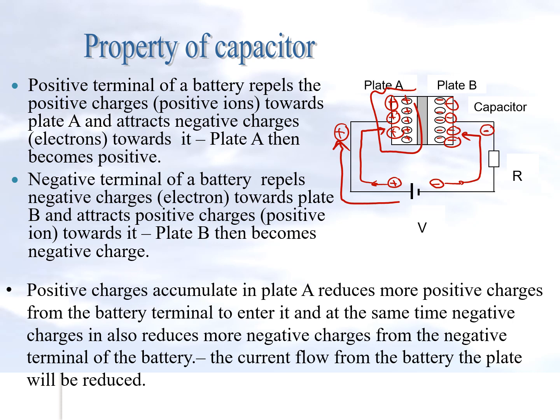So this opposition results in a reduced rate of the flow of charges in the circuit. And as we know, current is equal to the rate of charge flow over time. So as a result, after some time, the current flow from the battery to the capacitor will be reduced until we reach saturation, in which there is no current because the capacitor is fully charged with no more electrons or positrons moving through the circuit.